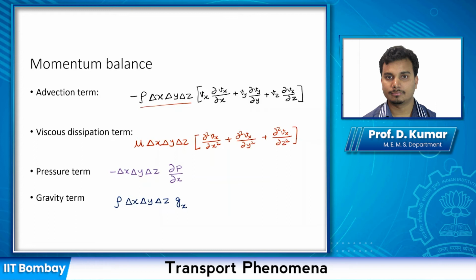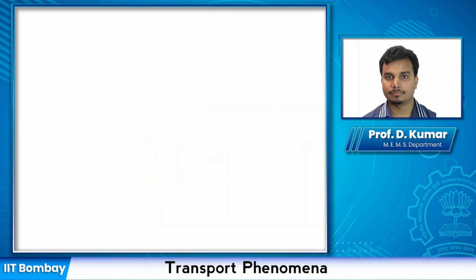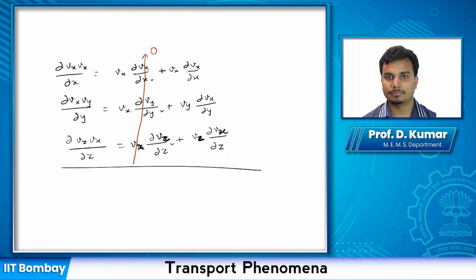Then you have vx del vx by del x plus vy del vy by del y, and so on. So this is the term here. Okay, so you're done with this. So minus rho delta x delta y delta z, and then over here you have this whole thing. Okay. So this is your advection term.